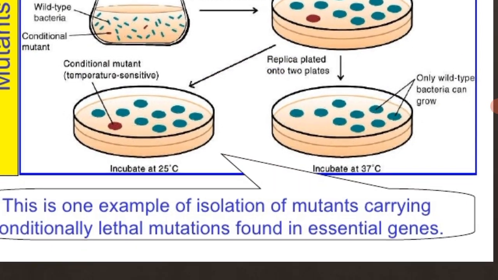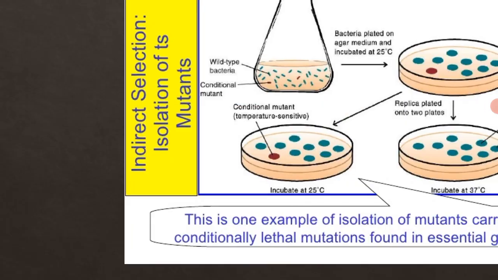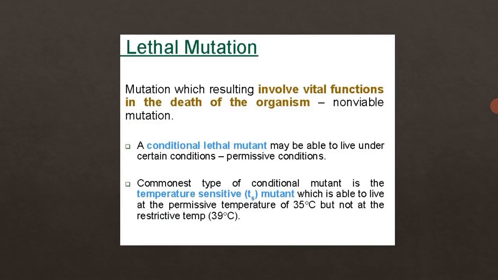It grows only under specific conditions, a specific temperature, or in the presence of specific chemicals, and will not grow at optimum conditions. It can also be called a TS mutant, the temperature sensitive mutant, because it is sensitive to 35 degrees Celsius but not to 25 degrees Celsius. This is one type of conditional lethal mutant.